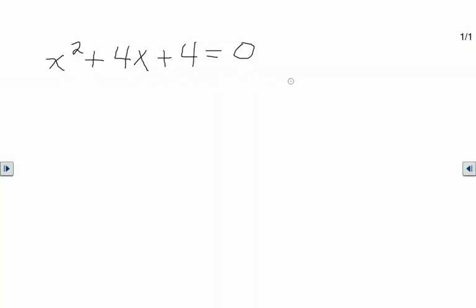Okay, email. Send. Now there's several ways to do this problem. I'm going to see how many ways you can do it.